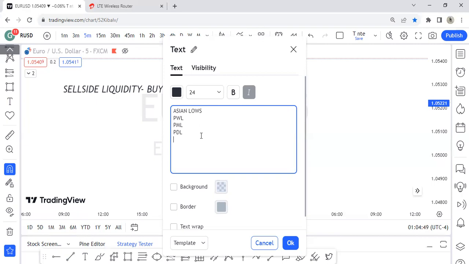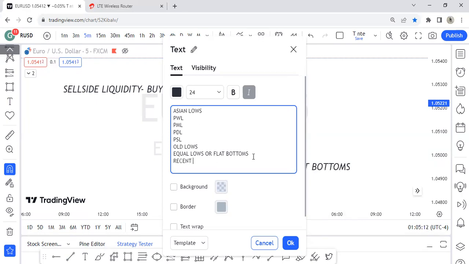So we have Asia's lows, previous weekly lows, previous monthly lows, previous session lows. We have old lows. We have equal lows or flat bottoms. We'll talk about flat tops in the previous class. So old lows and recent lows.